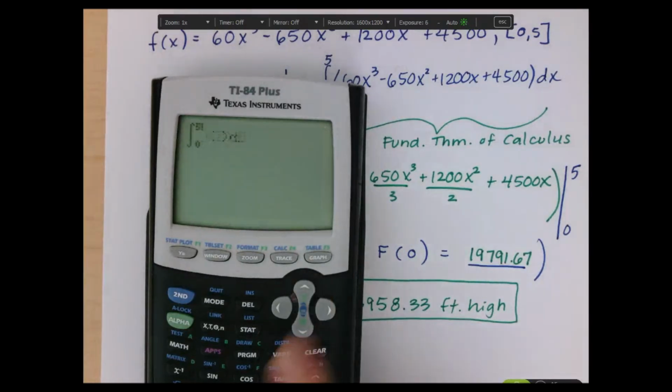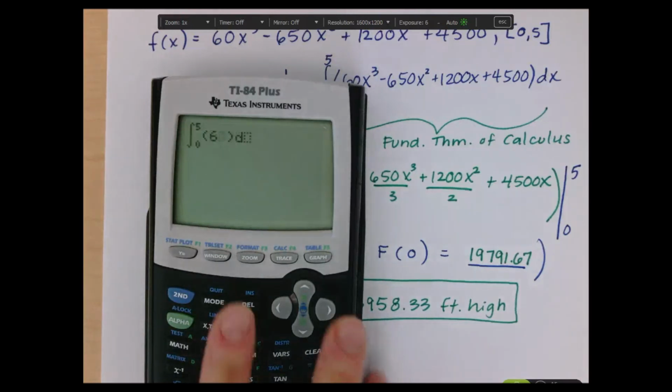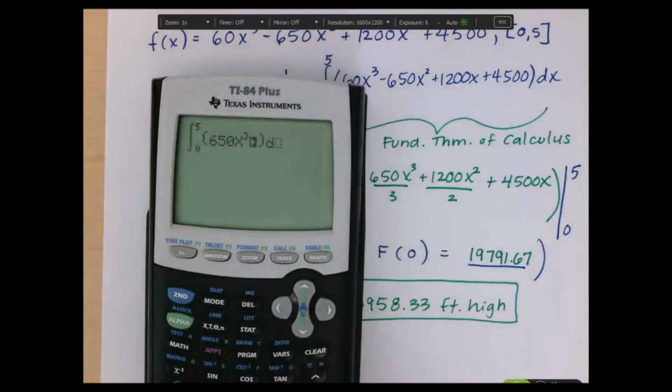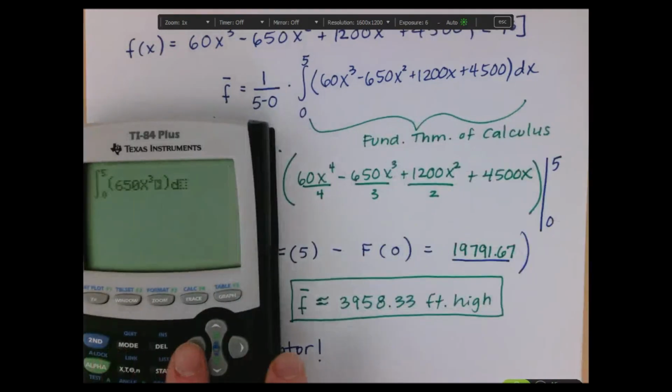So let me show you this exact same definite integral, from 0 to 5 for 60x cubed.